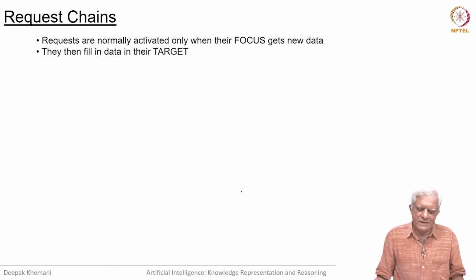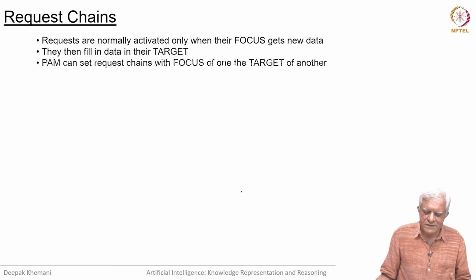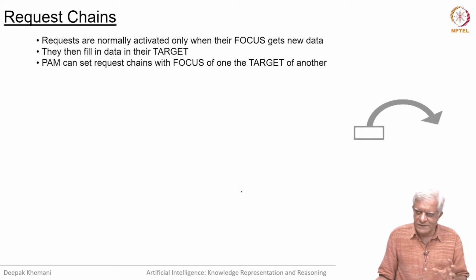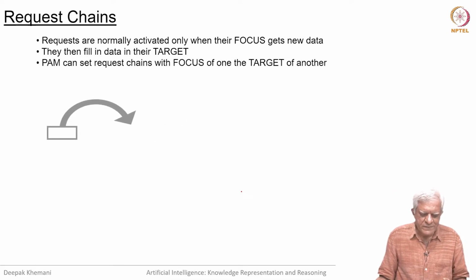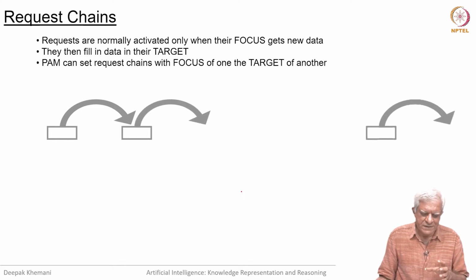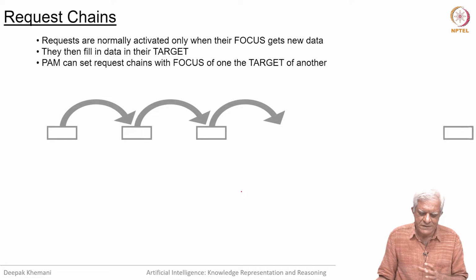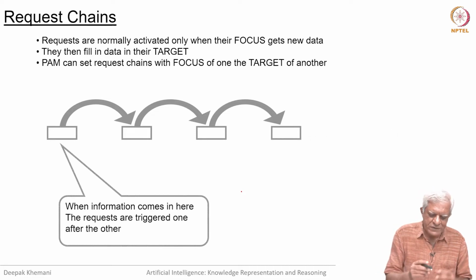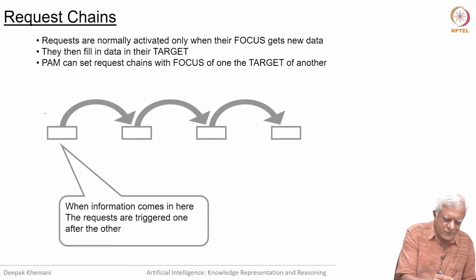So, we have said already that requests are normally activated only when their focus gets new data. Then they fill up the target essentially. So, PAM can set up request chains with the focus of one as a target of another. So, these boxes here, this is the focus of this particular request and this is the target.